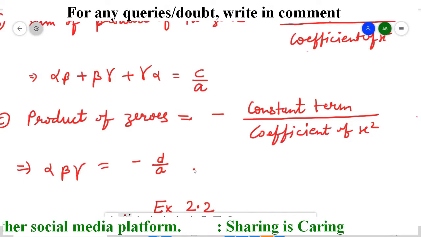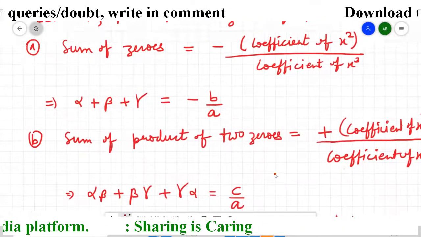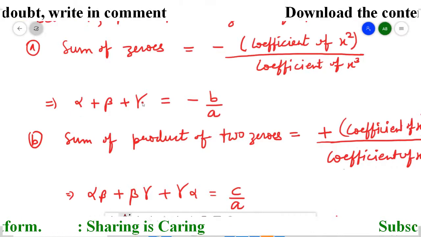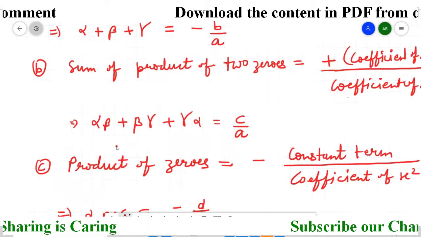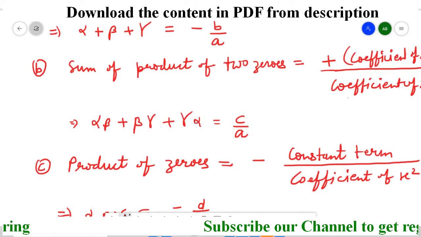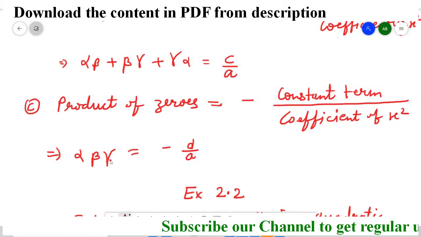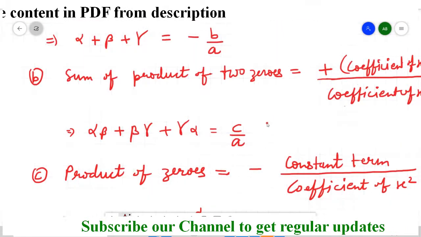So, how does the left hand side appear? Very easy to learn. First, single zeros appear: alpha plus beta plus gamma. Then two zeros together: alpha beta plus beta gamma plus gamma alpha. Then all three zeros together. So, the left hand side and right hand side are easy to learn.